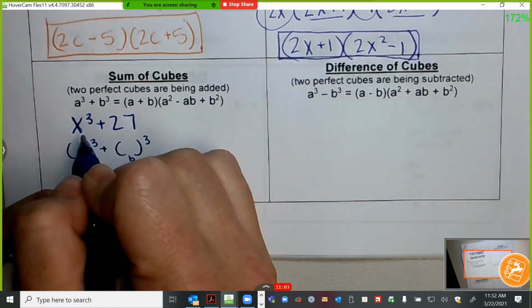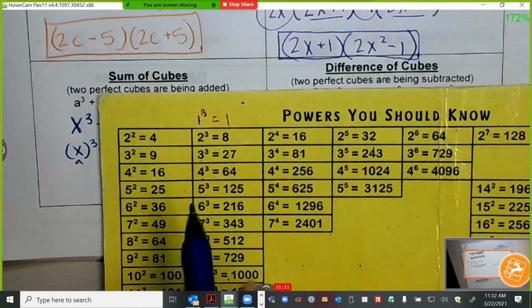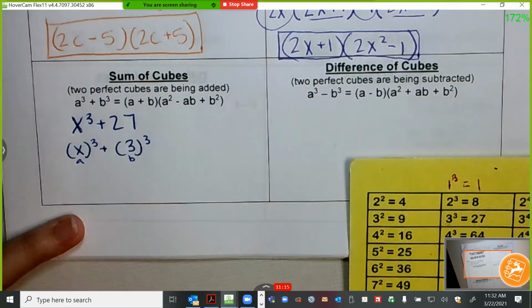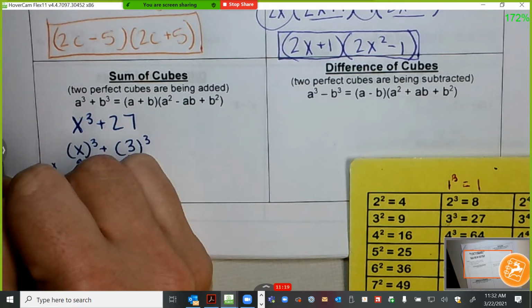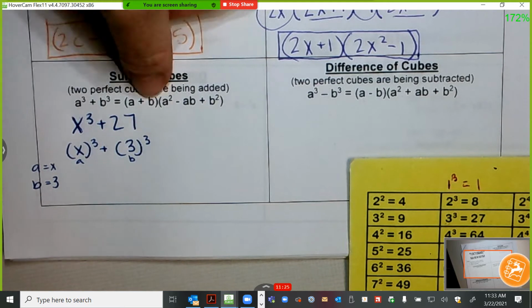Well, x cubed is x cubed, and 3 cubed is 27. So a is x and b is 3. Now we just plug it into our formula.